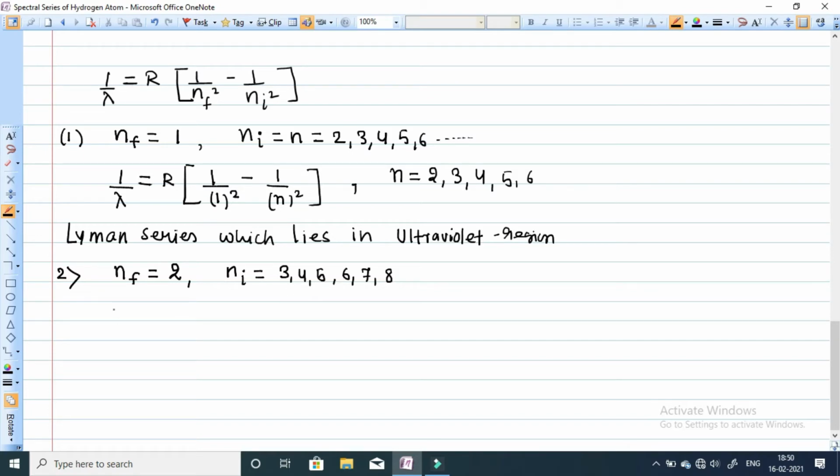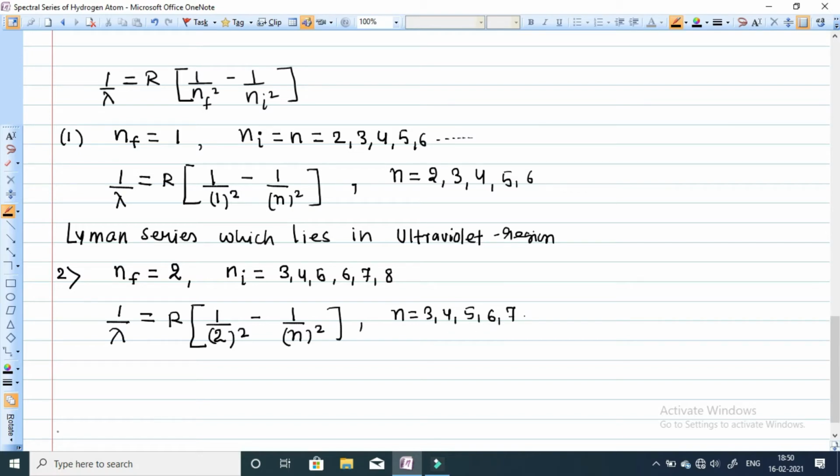So the Rydberg formula will be modified to 1 upon lambda is equal to R, where finally the electron is jumping to the first excited state, that is n is equal to 2. So 1 upon 2 square minus 1 upon n square, where initially it was in the nth excited state, and the value of n will be 3, 4, 5, 6, 7, 8, like this.